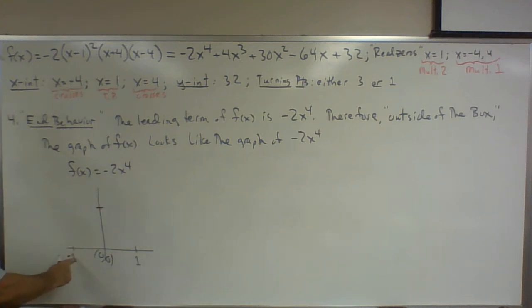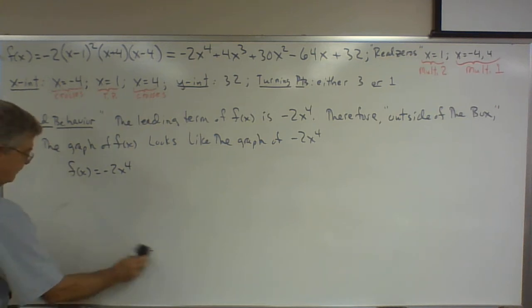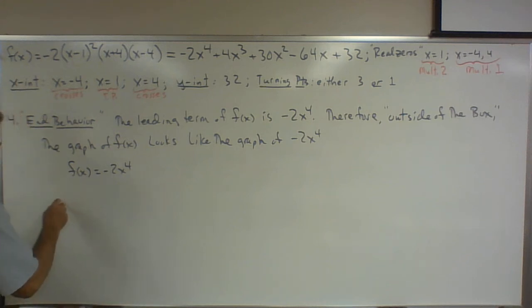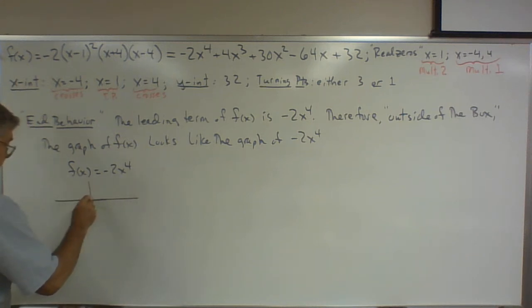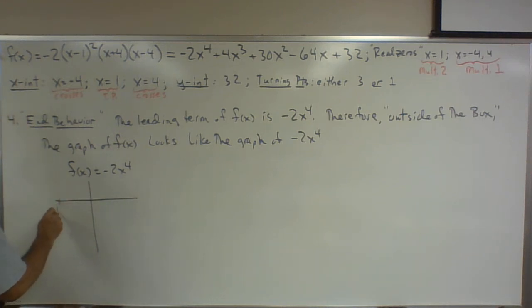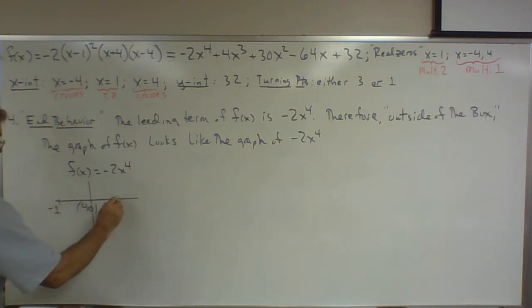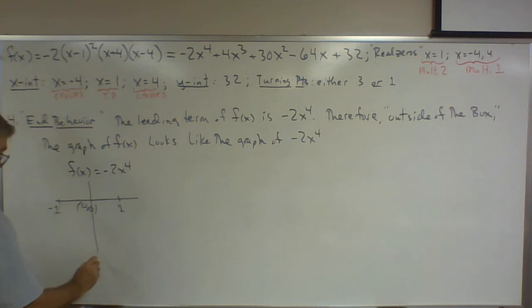And at x equal negative 1, x to the fourth is positive 1 times negative 2.